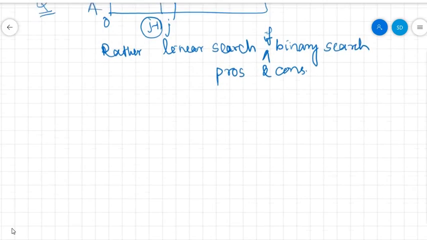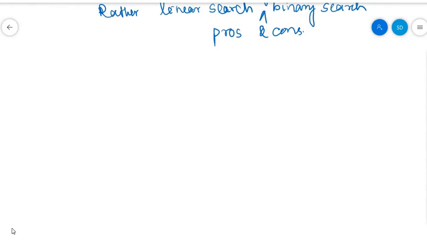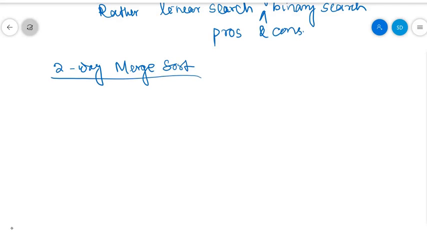Okay, let's move on to discuss the difference between two-way merge sort and k-way merge sort. The usual merge sort we study in our books is the two-way merge sort, and the k-way merge sort is similar to that.